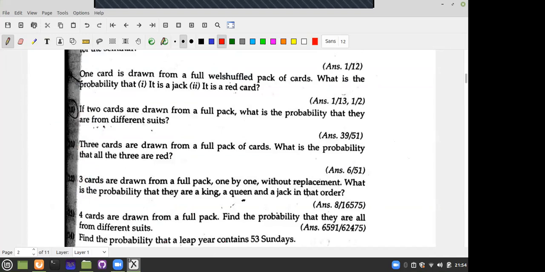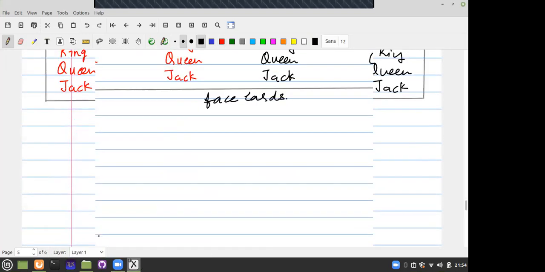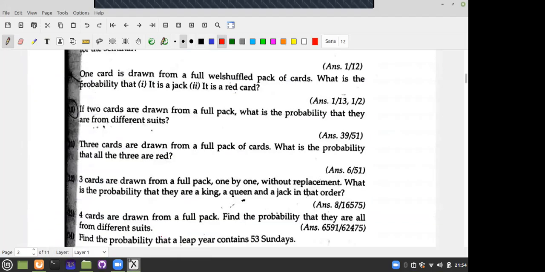So let us do that first. The 11th question is that we have to take 3 cards, and what is the probability that all of them are red cards, right? Yes, sir. Let us do that problem. You know that there are 52 cards.